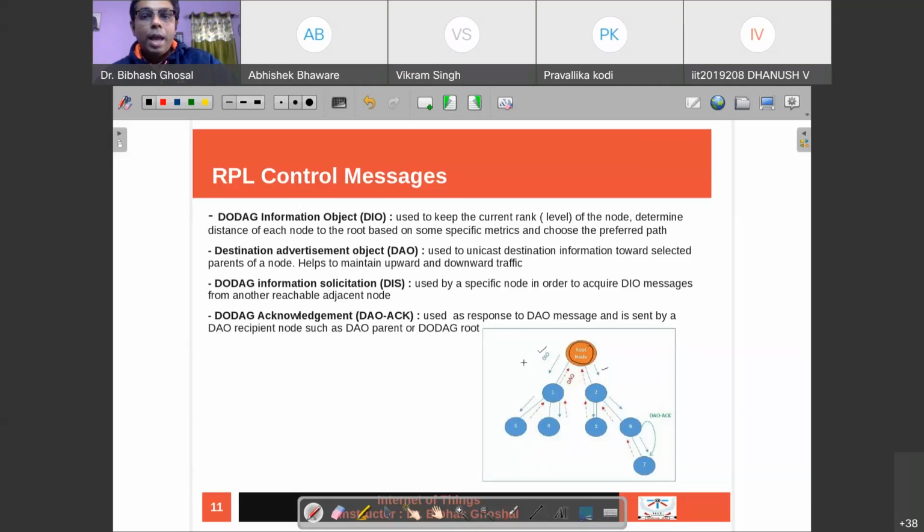And the rest of the nodes, which are at the immediate lower levels than the root, keep on broadcasting. But the good thing about this broadcasting is that you are mentioning, okay, I am at this particular distance from the root. So when 1 broadcasts, it says that I am at the first level, I am at this distance from the root. So when it reaches 3, 3 knows that 1 is at this distance from the root.